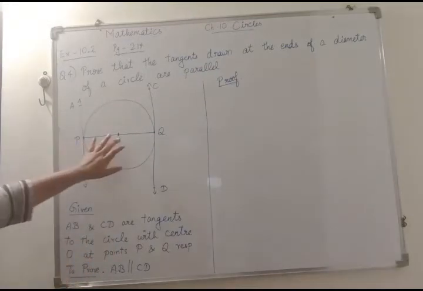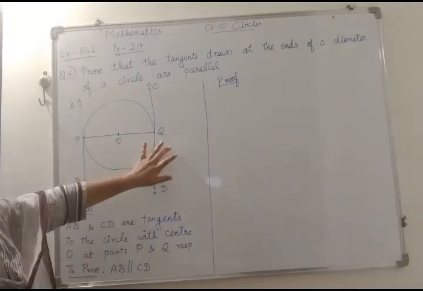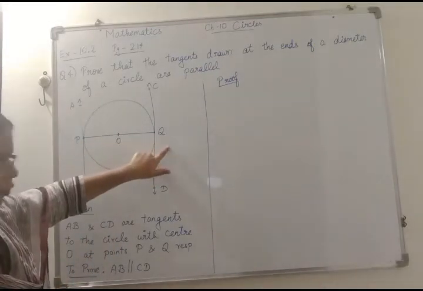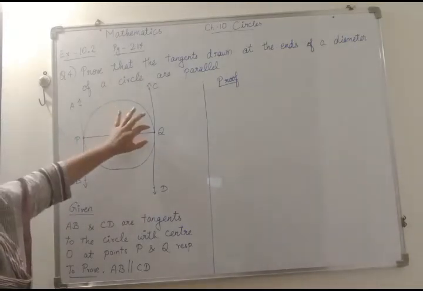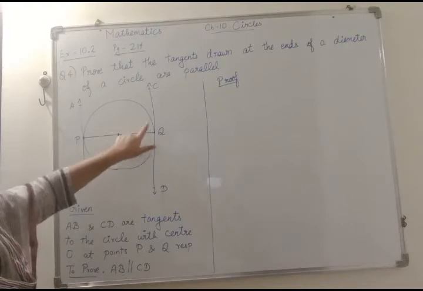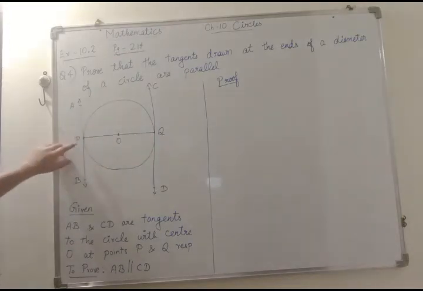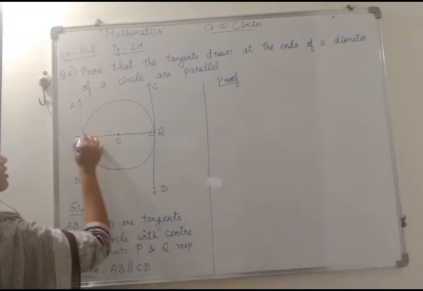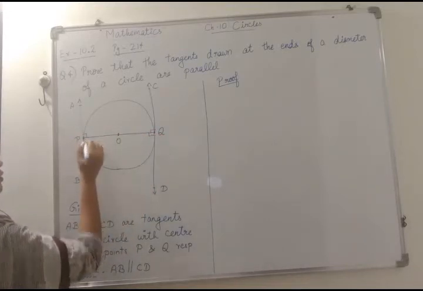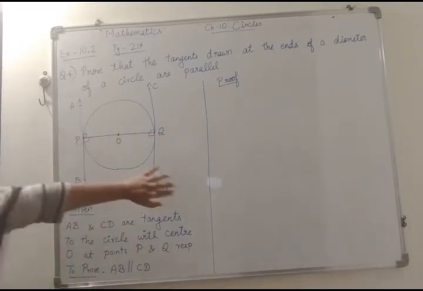Now PQ is the diameter, so OQ is the radius for it. We know that radius and tangent are perpendicular to each other at the point of contact. Same goes over here also. So this is 90 degrees, this is 90 degrees, this is 90 degrees, as well as this is 90 degrees. So we will write that much first.